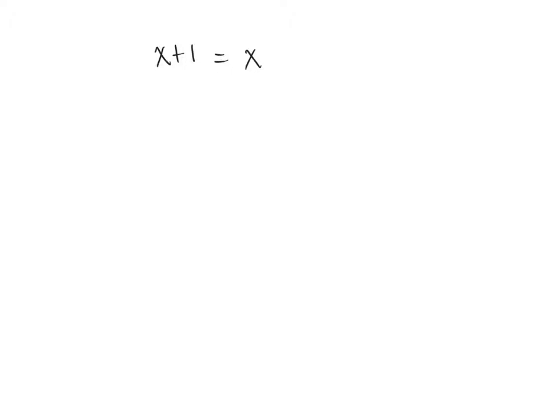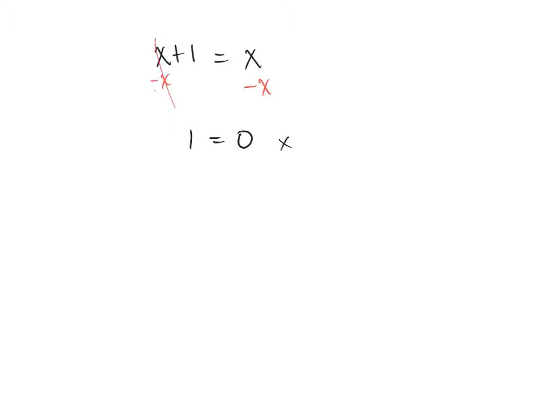Then you could go ahead and try to get the variables on one side. So I'm going to subtract x from the left so that I can get rid of that and get it over on that side. And then we'd get 1 is equal to x minus x, which is 0. Is that ever true? It is never, ever true.